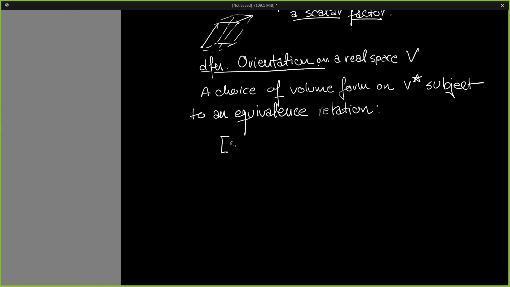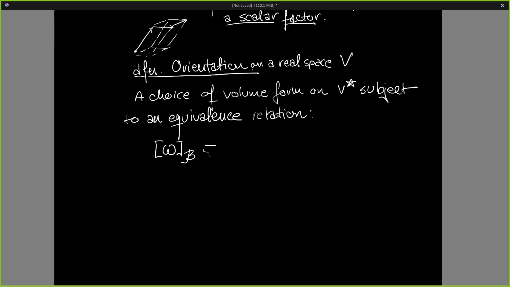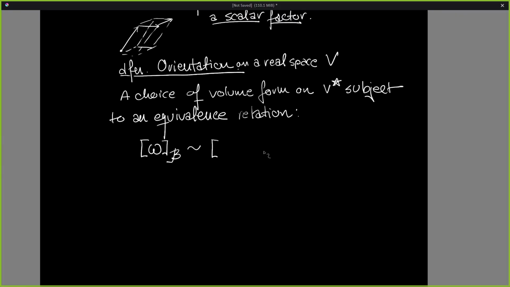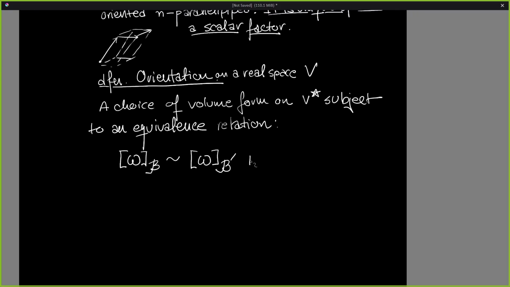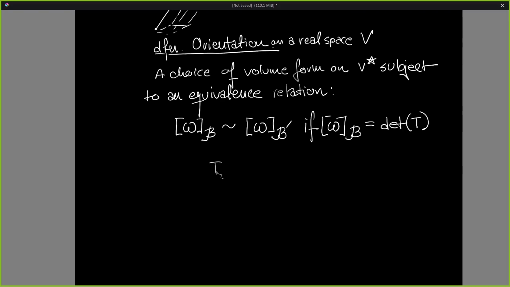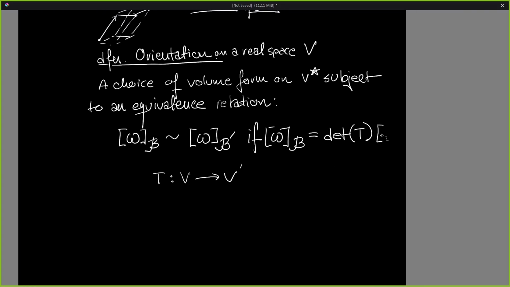Let's say that we have two volume forms, omega in the curly B basis, is related to or equivalent to omega in the B prime basis if omega in the B basis is equal to the determinant of the transformation matrix, where T is a linear transformation from V to V prime, the coordinate transformation, multiplied by omega in B prime.